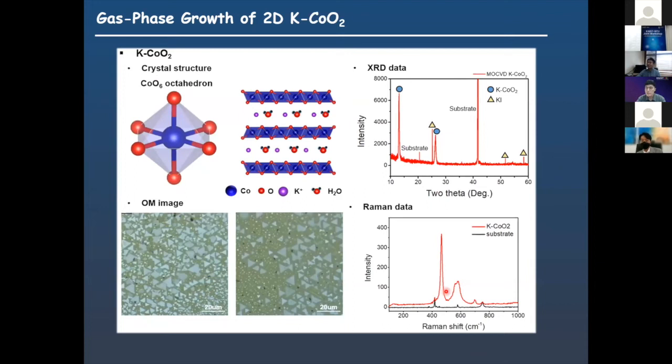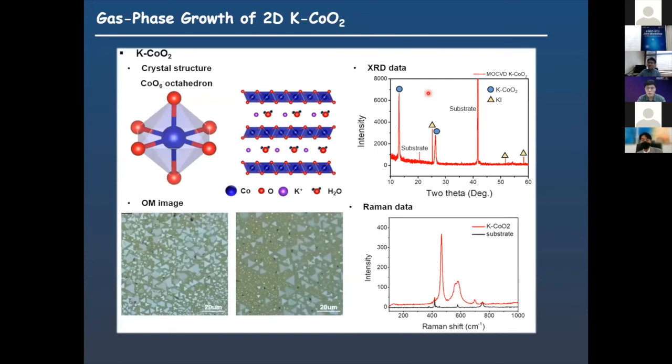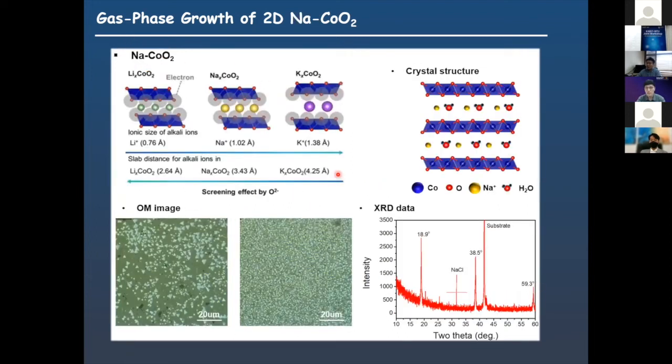And actually, we reported manganese oxide this year, but currently we also grow cobalt oxide as well. So just by changing the metal precursor to cobalt, we can grow potassium cobalt oxide. And now we also switch the alkali metal from potassium to sodium, and now we can also grow sodium cobalt oxide.